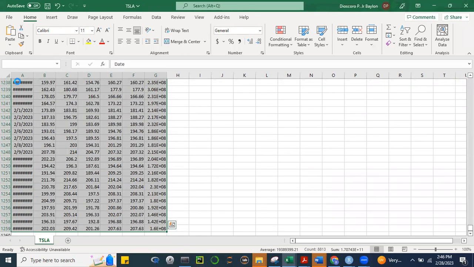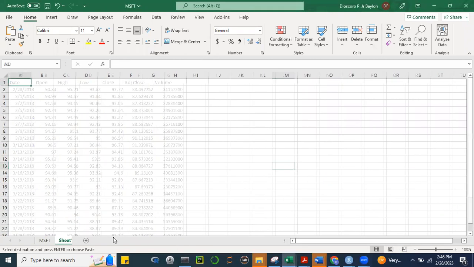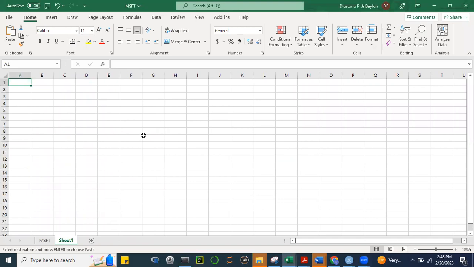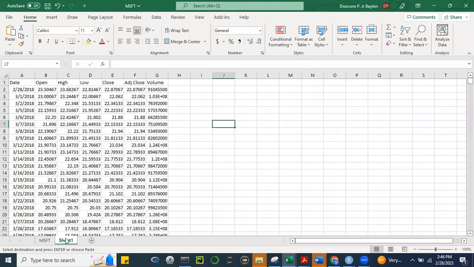Control C. I'm going to copy this and paste this in the MSFT. Let's combine all the stocks, Control V. All right, that one. And then I'm going to label this as Tesla. All right, so let's download several stocks so that we have something to work on.